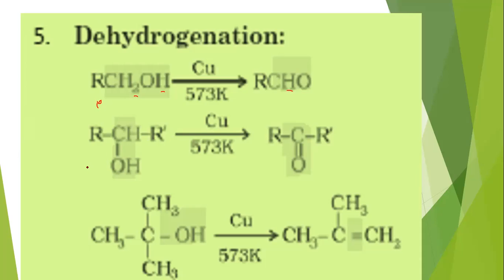Same case, this is secondary alcohol, RCHOHR'. Now here two hydrogens. So at 573 Kelvin in presence of copper, it gives this carbonyl group, meaning no hydrogens.